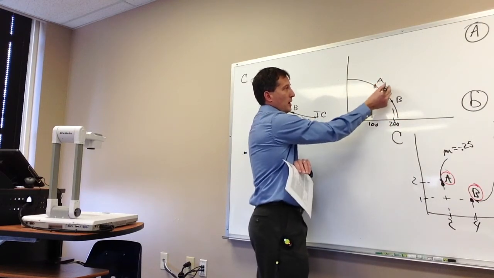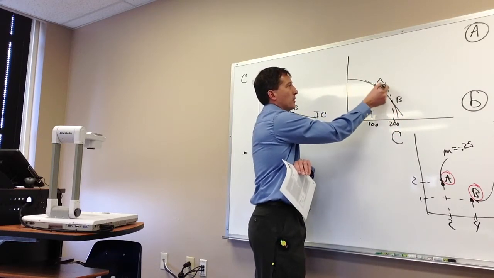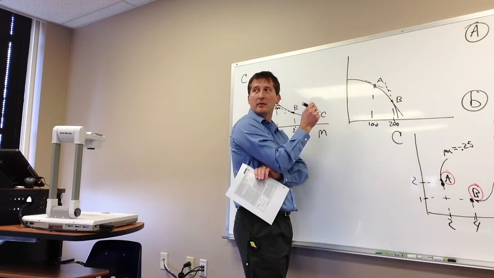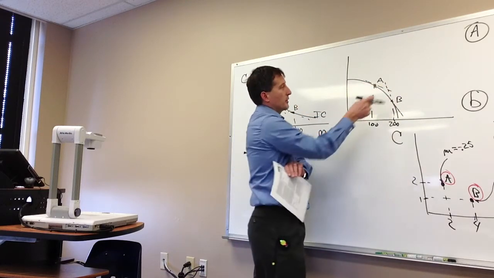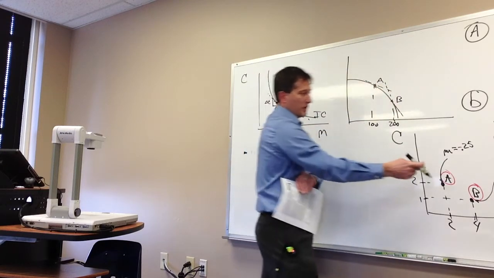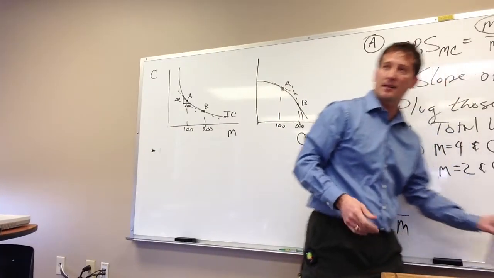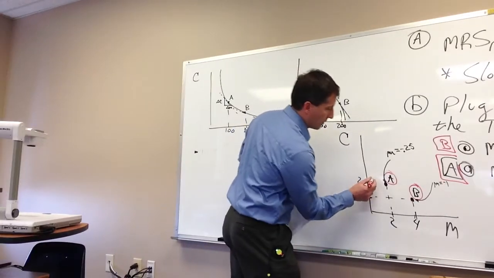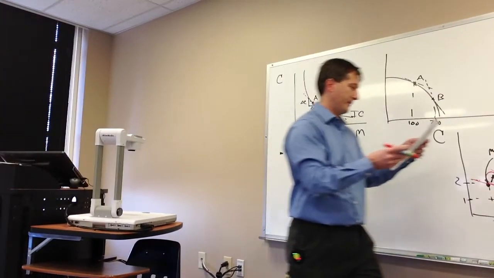The slope is negative 1, 1 over 1. Here the slope is flatter at negative 0.25. So it's getting steeper as we move from A to B, which means there's some function here that we don't know what it looks like, but we know that it's concave, not convex. So that means Mariah is a weirdo.